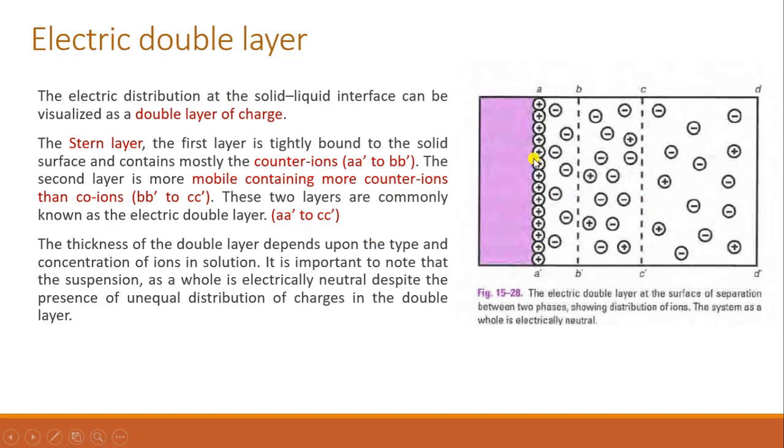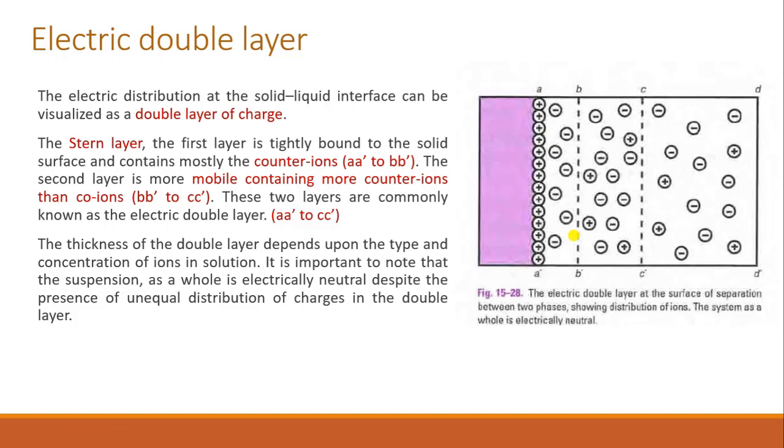That means over here cations are adsorbed on the surface of the solid, so these are called the potential determining ion, and these are called the counter ion or gegenions. Opposite to that is also applicable. If negative ion is adsorbed, they are also called potential determining ion, and positive ions which are present within the boundary of BB dash are called counter ion or gegenions.